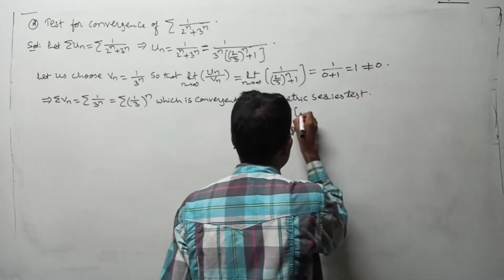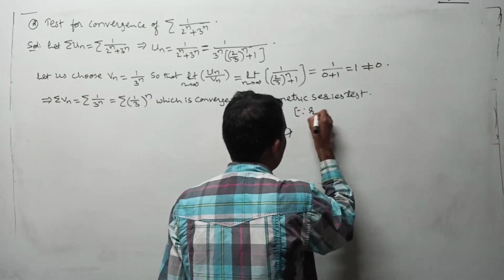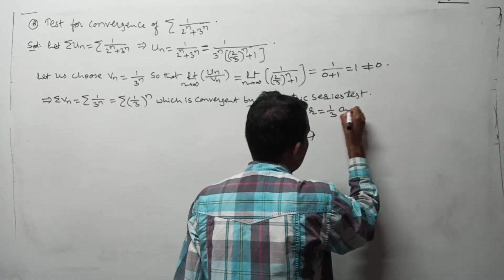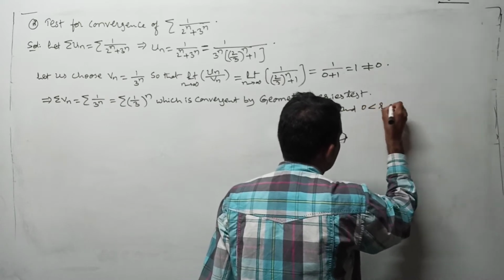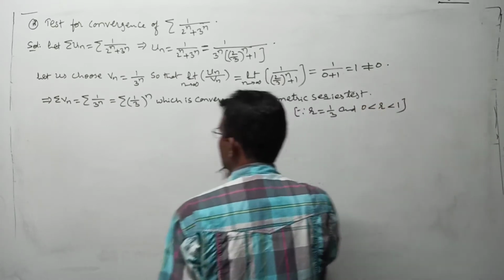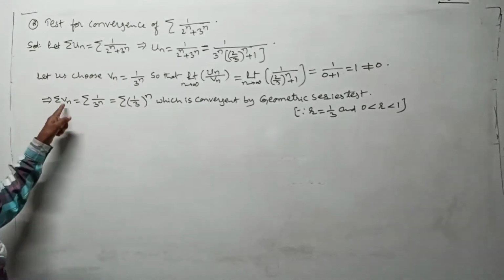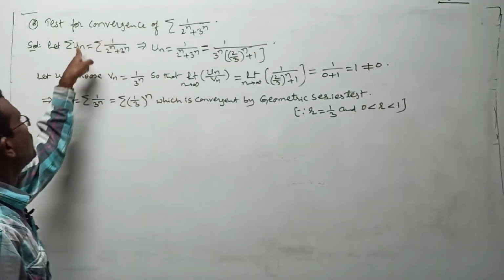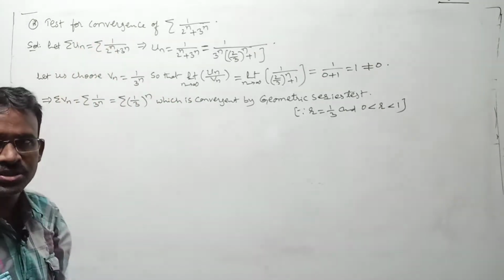The reason is, the r value here is 1 by 3, and 0 is less than r, which is less than 1. By the geometric series test it is convergent. Now, whenever sigma Vn is convergent, by the limit comparison test, is sigma Un also convergent or not?